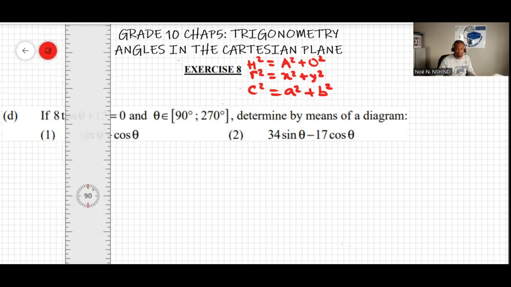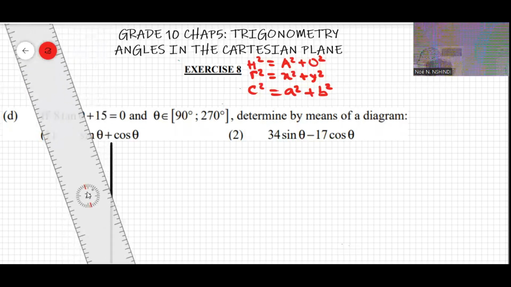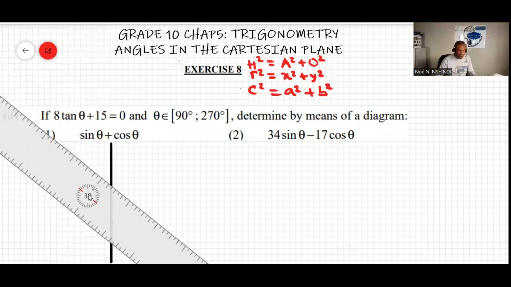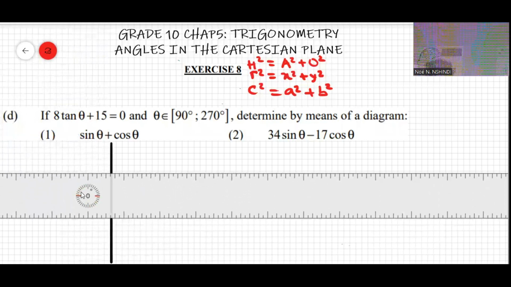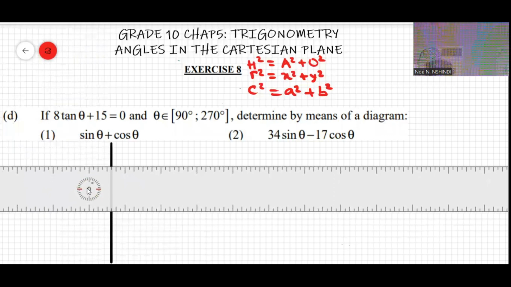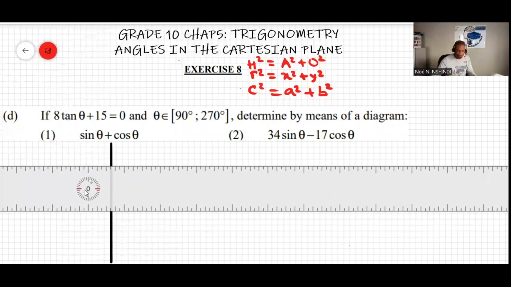I'll start by drawing my Cartesian plane, a vertical line here and a horizontal line here.